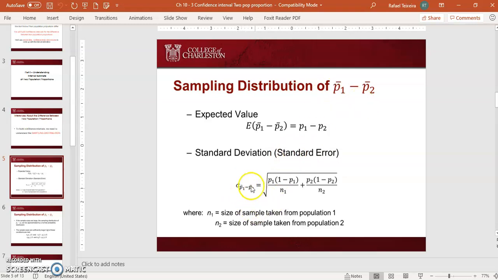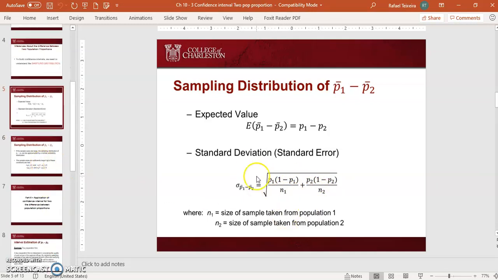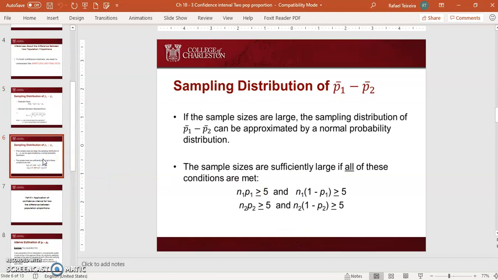Okay, this is what this sigma letter is representing. The sigma has the difference between the sample proportions and is given by this formula. This is the proportion in sample 1 and sample size in sample 1, proportion sample 2, sample size in sample 2. Okay, so we're going to be using this to come up with our interval estimation.